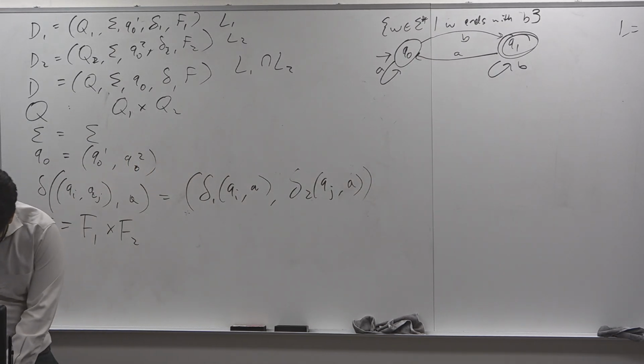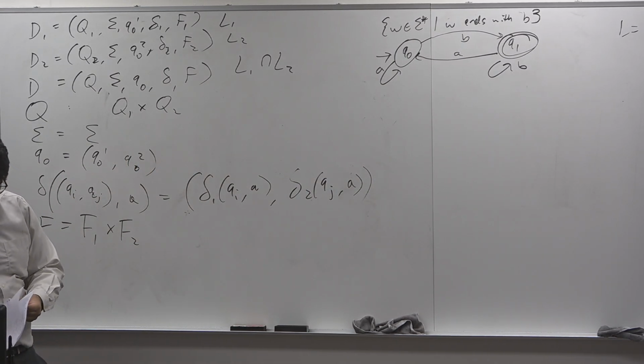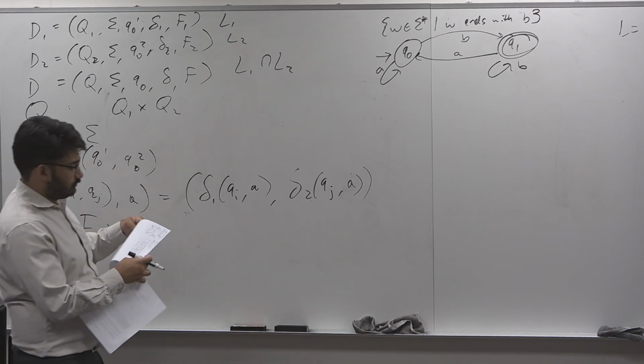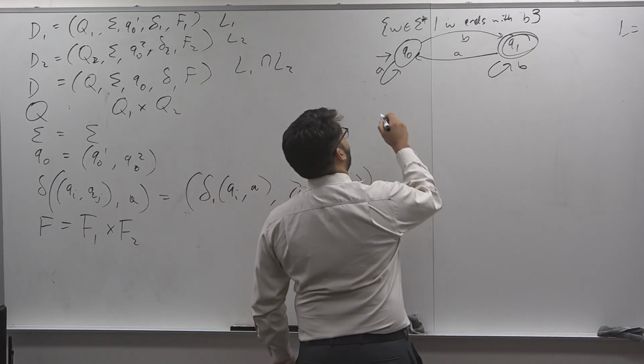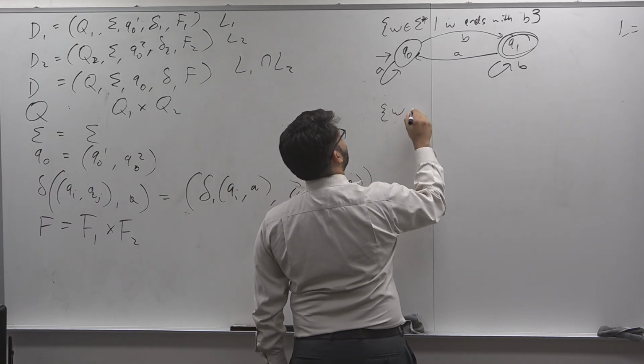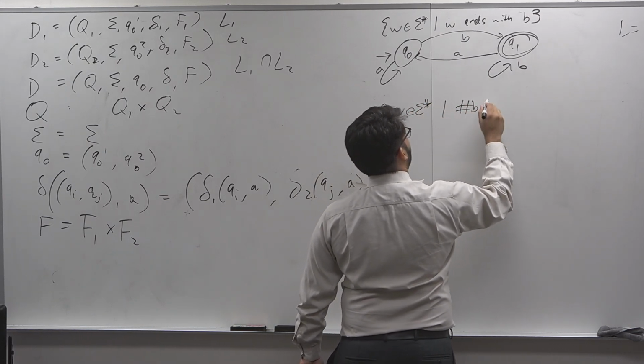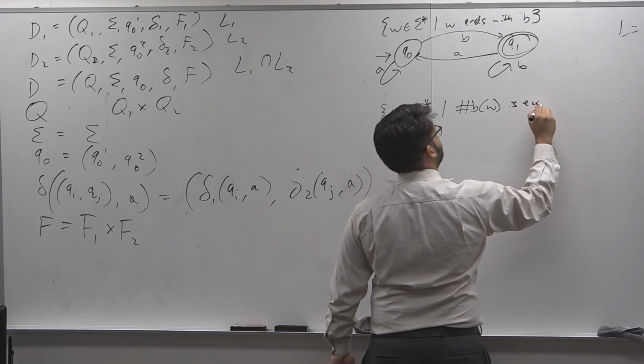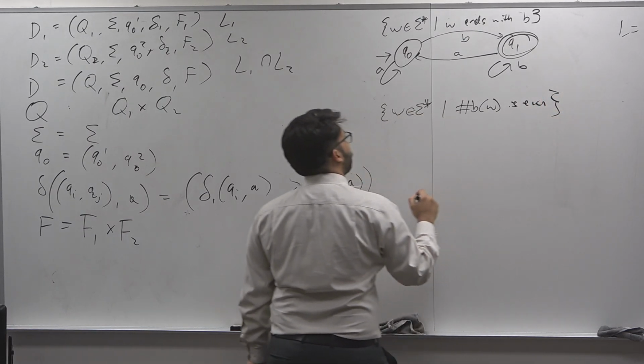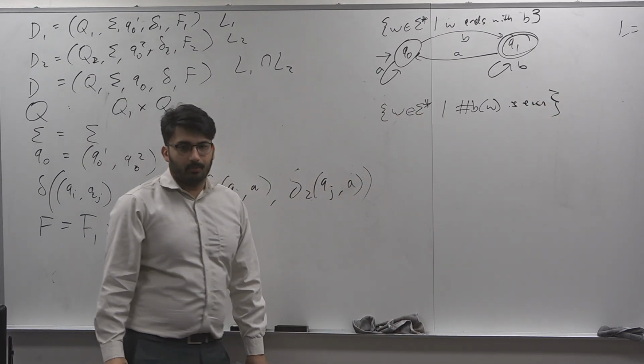Now what about W in sigma star such that the number of B's in W is even? How many states should I have for this one?